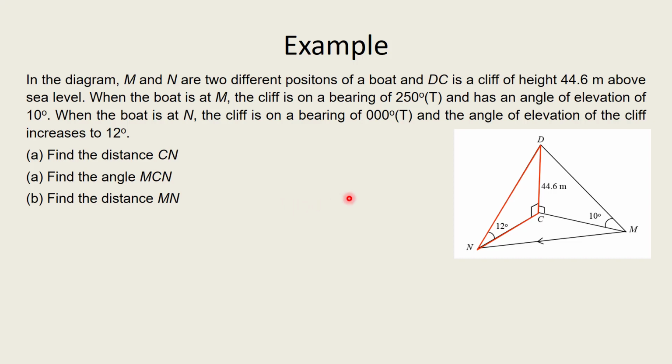In this question, we have a boat at point M. There's a cliff on a bearing of 250 degrees from point M with an angle of elevation of 10 degrees. Then the boat travels to point N. At point N, the cliff is on a bearing of 0 degrees with an angle of elevation of 12 degrees.